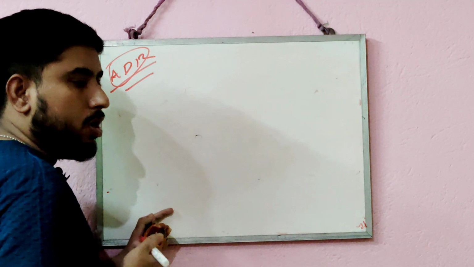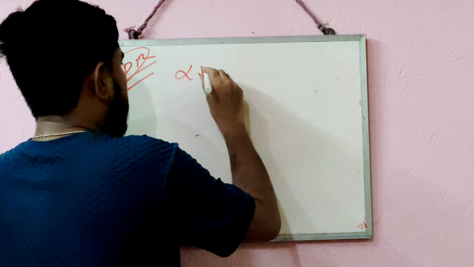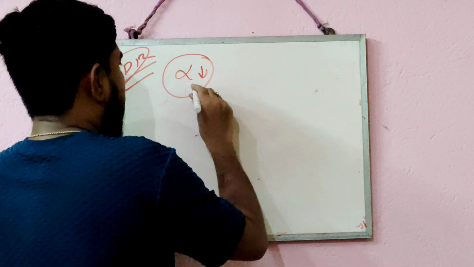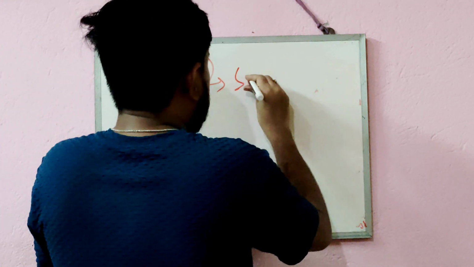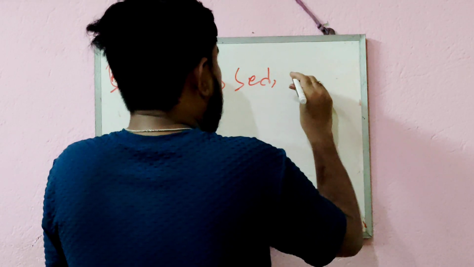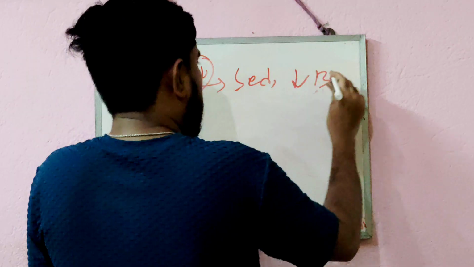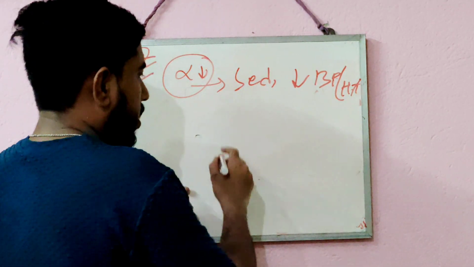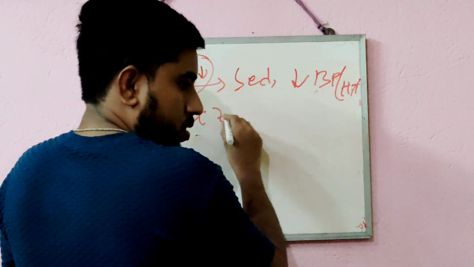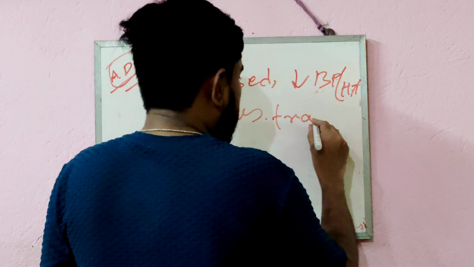According to the classification, we will study adverse drug reactions in the case of alpha blocker sympatholytics. There can be sedation, extreme low BP, or hypotension. It can also cause dizziness and tachycardia.